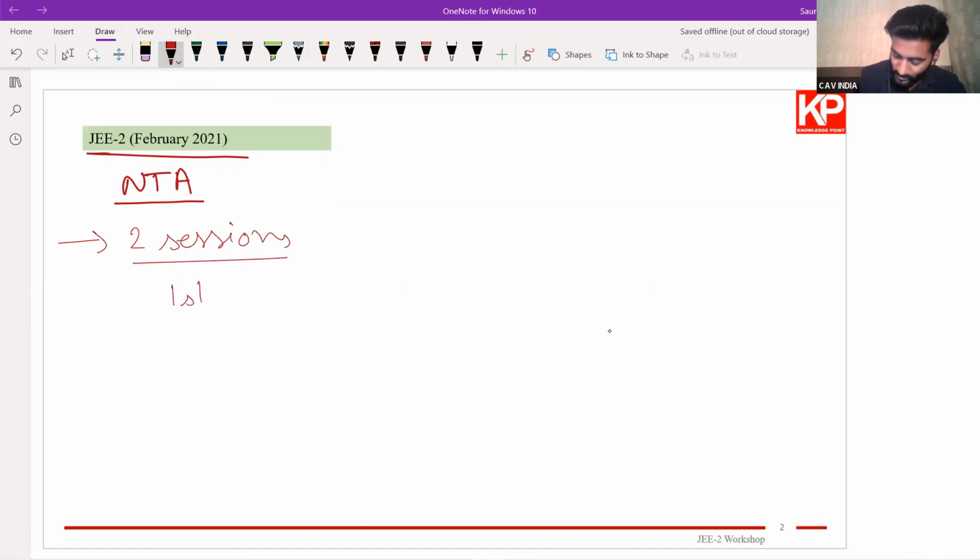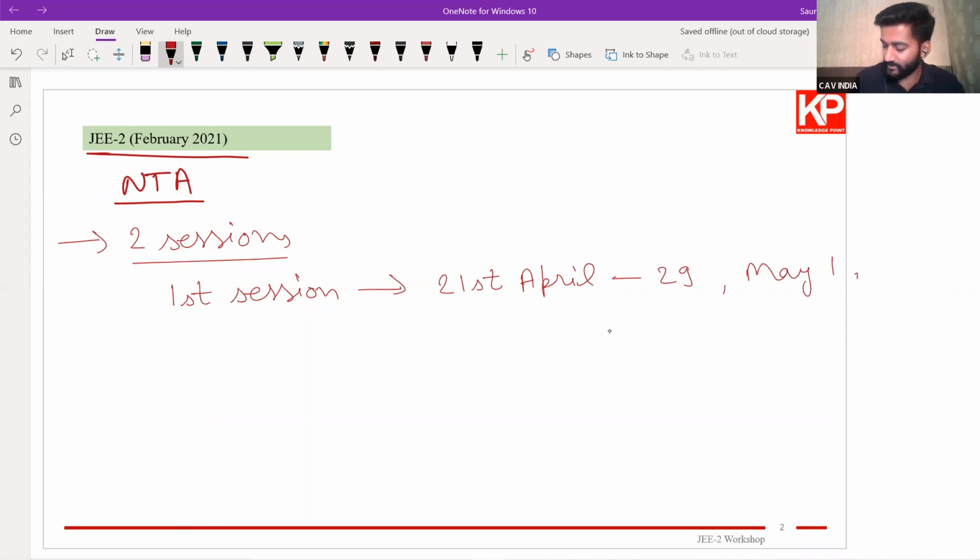The first session, the dates are in April and May. It starts from 21st April. Then there are dates like 21st, 24th, 25th, 29th. So let's say up to 29. And after that, there are 2 dates of May also, May 1 and 4.